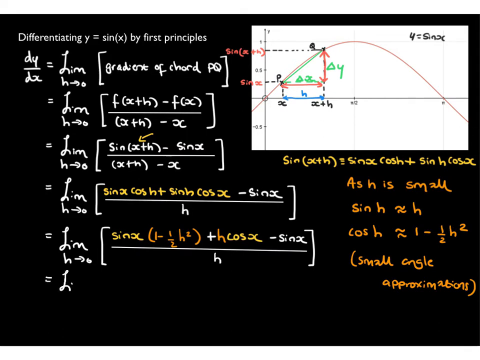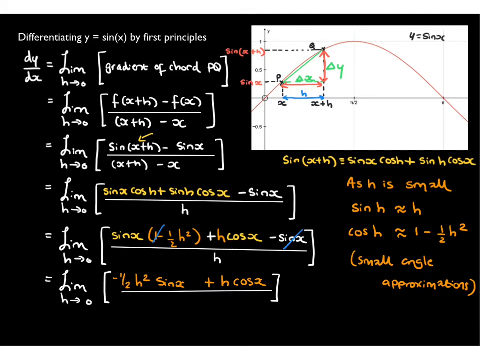Now, let's have a look at what we can say next. We can see that there's a sine x multiplied by 1 here, and then there's a subtract sine x here. So those parts will disappear. We're then left with minus a half h squared sine x plus h cos x, all divided by h.